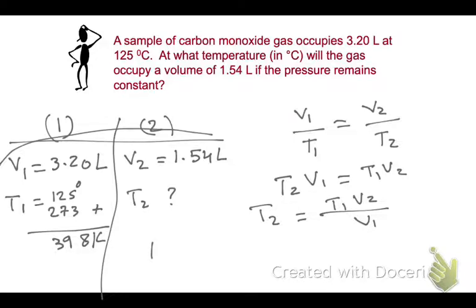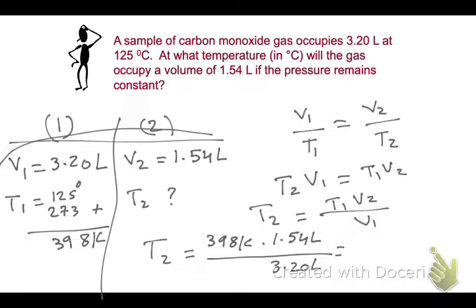Now, when you put everything in, you have T1, which is 398 Kelvin, times V2, which is 1.54 liter, divided by V1, 3.20 liter. And if I multiply 398 times 1.54 and divide by 3.2, that is going to give me 192 Kelvin.